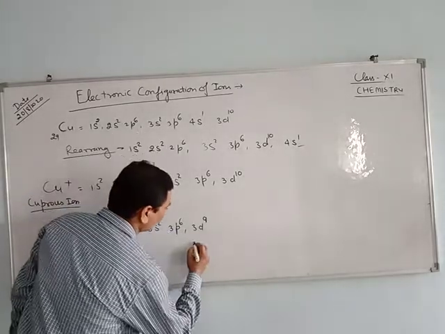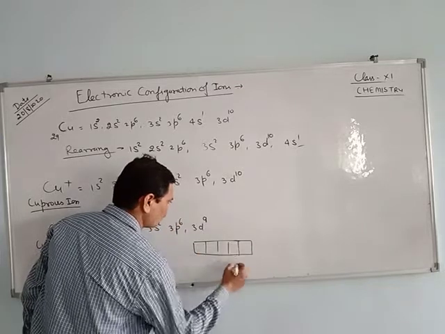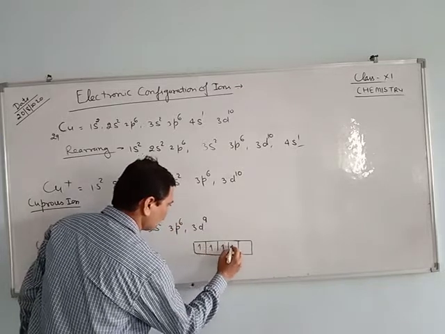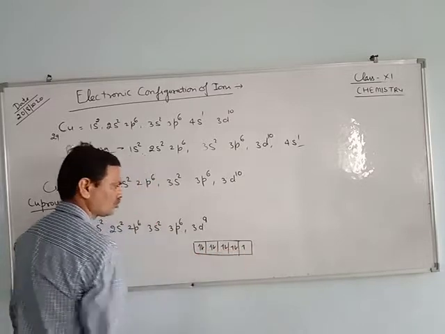Now the electrons are to be filled here, in the orbitals 1, 2, 3, 4, 5, 6, 7, 8, 9.